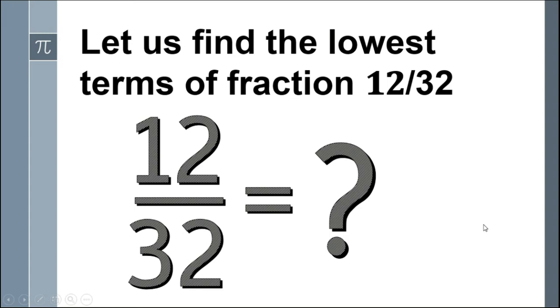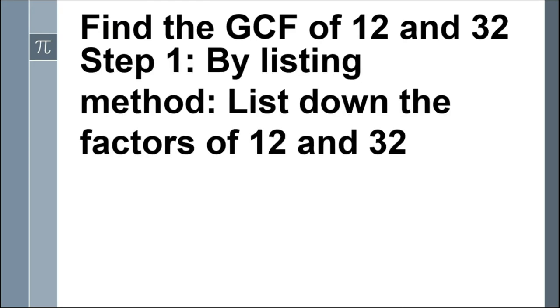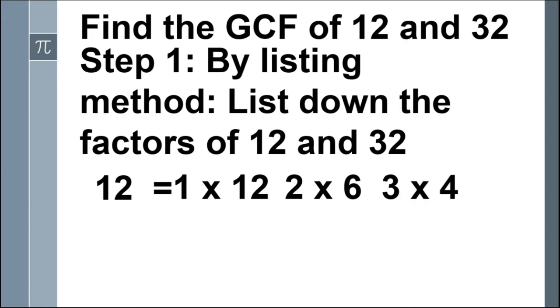So another example, let us find the lowest term of fraction 12/32. So again, find the GCF or greatest common factor of 12 and 32 by listing down the factors. Ang factors ng 12: 1 times 12, 2 times 6, 3 times 4.